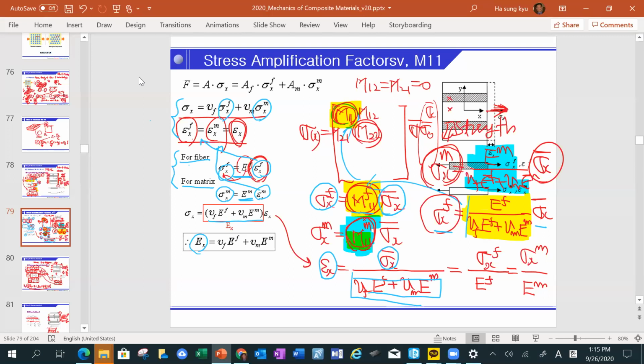So this one is called M11, and similarly, we can have the N11 for the matrix. So this is the case for the fiber, and this is the case for the matrix. Let's take a look at these two relations.